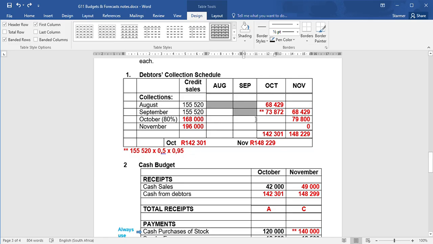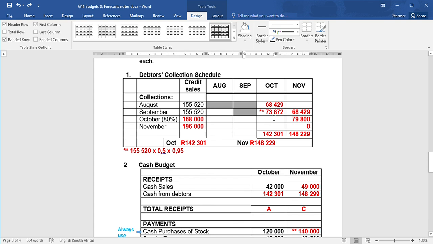Then 44% are going to pay you 2 months after. So from September to October, 44% are going to pay you in November. I should have actually started up here, I'll just go back to it quickly. 44% of August will pay you 2 months later, September to October.